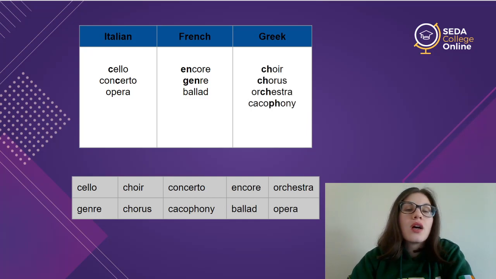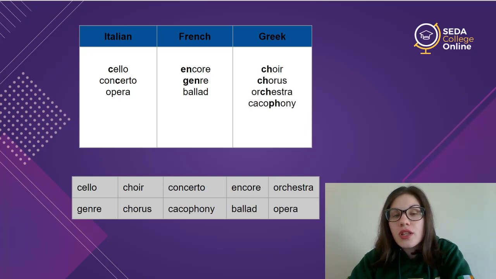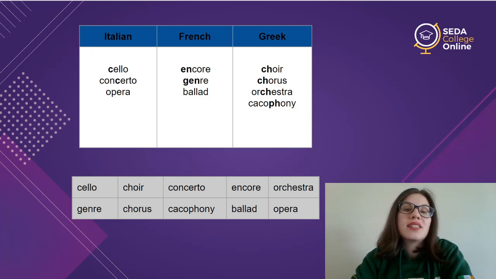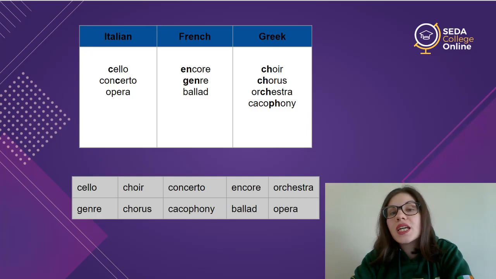And then here you have the ch and the ph, which are two spellings. If the ch is pronounced k and not ch, okay, so we have church and chorus. Why are these two pronounced differently?